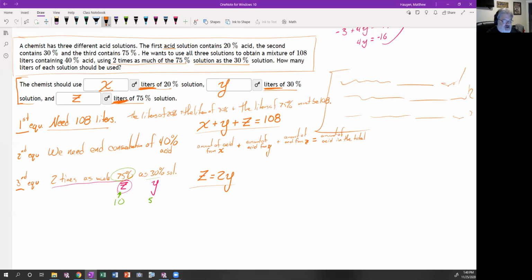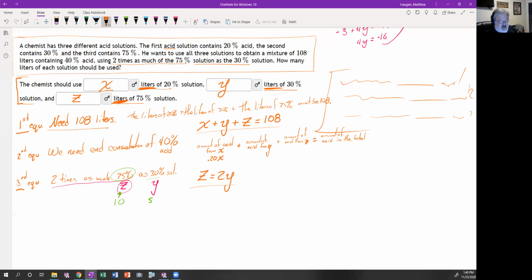From X, how much of it is acid? 20%. 20% of the number of liters, right?